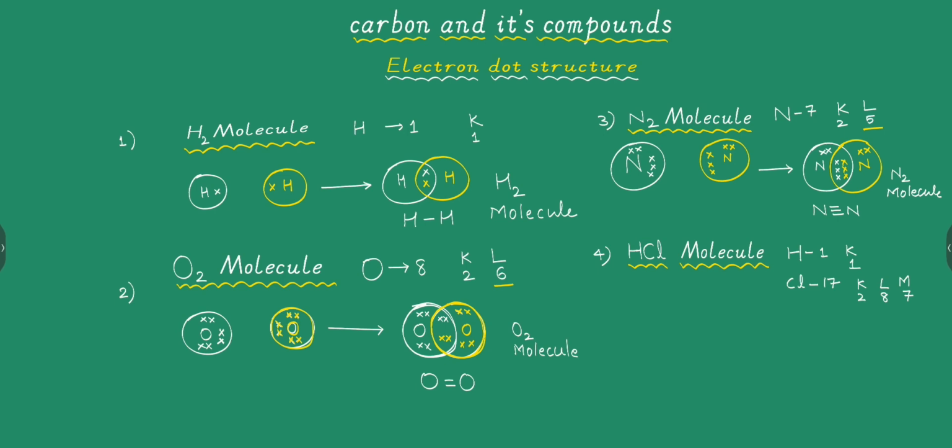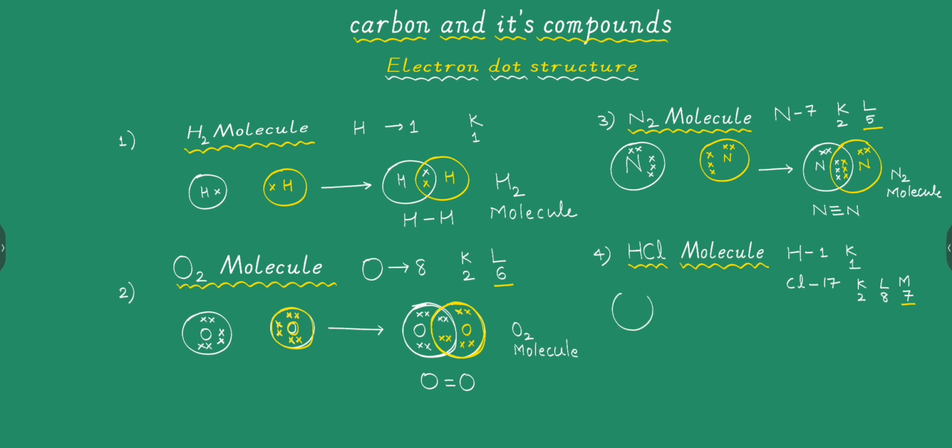So here the outermost shell is M and there are 7 electrons in its outermost shell. So here chlorine tries to get its nearest noble gas configuration, argon electronic configuration, whereas hydrogen tries to get helium electronic configuration. So here what happens?